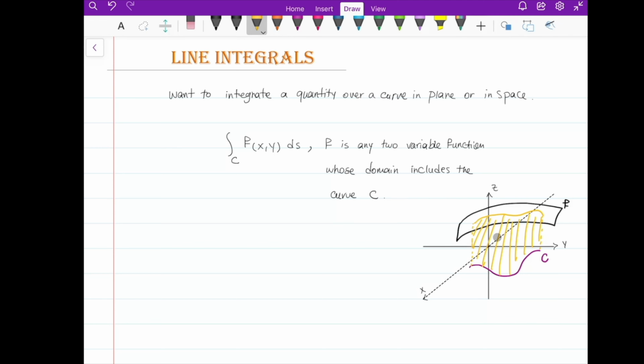Okay, so now how to compute the integral?